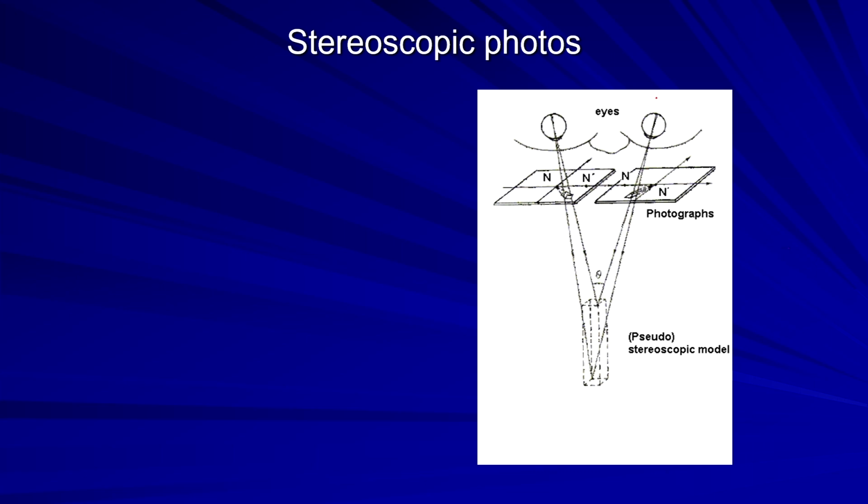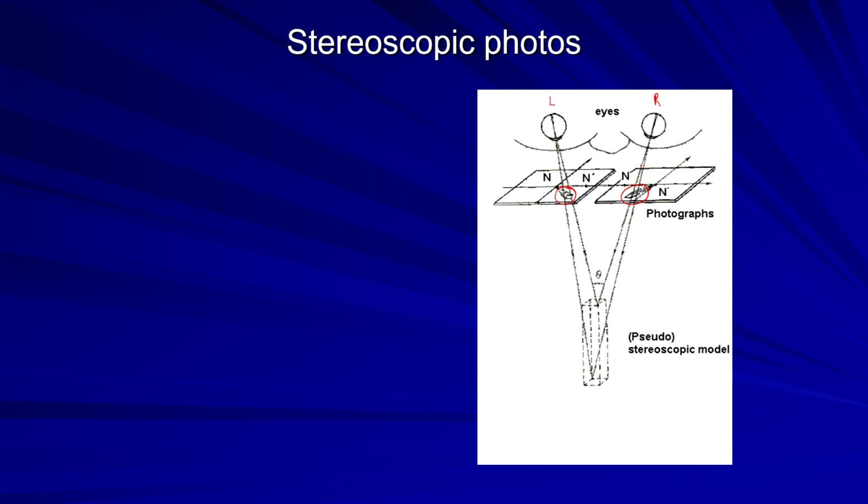For example, this is your right eye and this is your left eye. What you are viewing is this object here, taken by the same camera but at a different angle, covering a similar area.